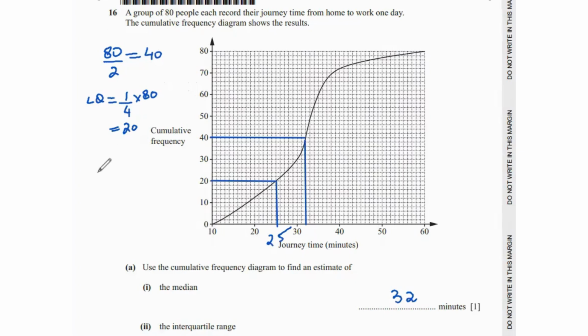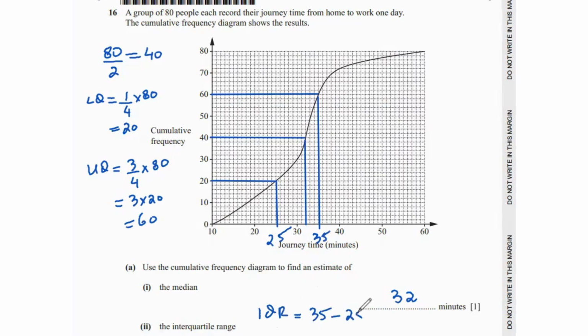And then for the upper quartile, we find 3/4 of 80, which is going to be 60. So we draw a line from 60 towards the graph, which is at 35. So your interquartile range is going to be the difference of 35 and 25, which is 10. So 10 minutes is your interquartile range.